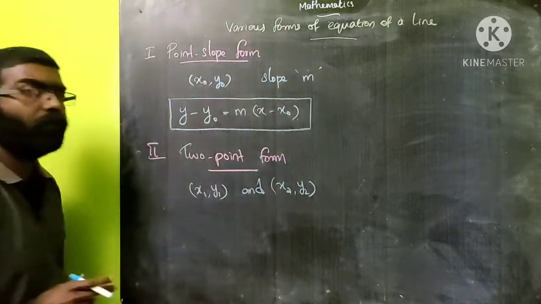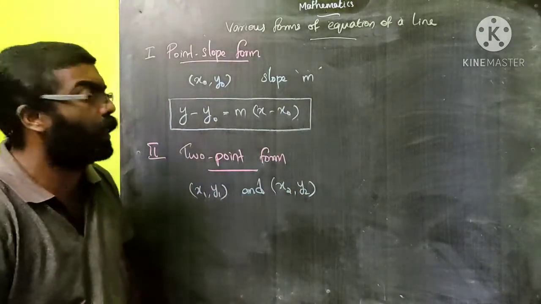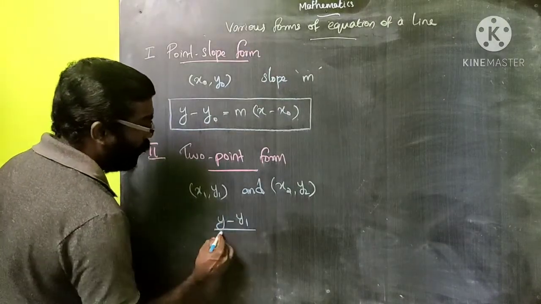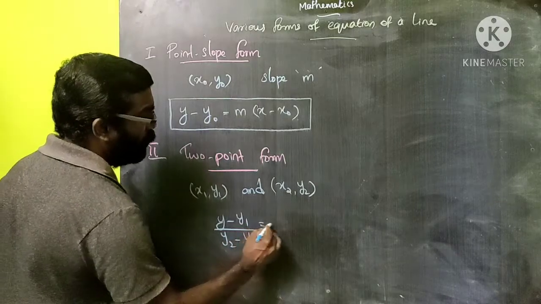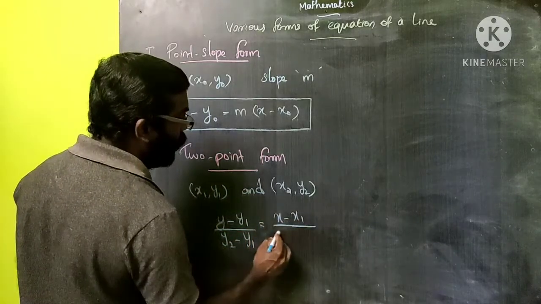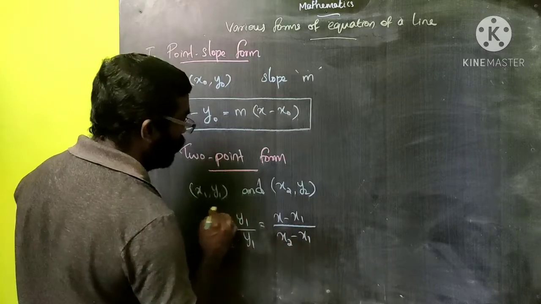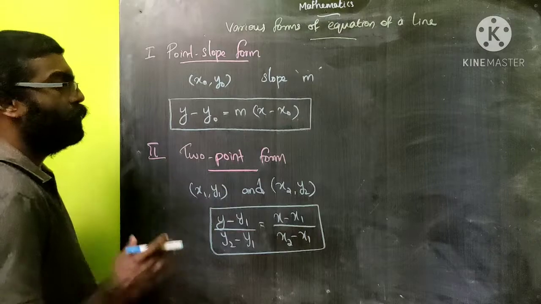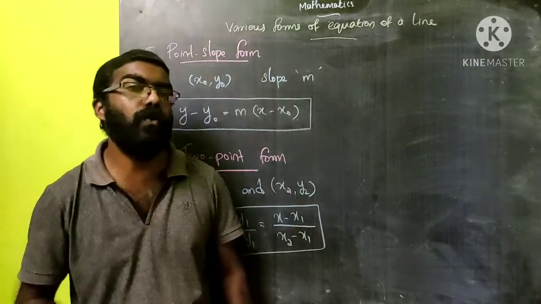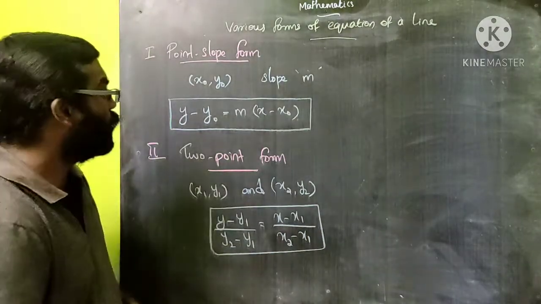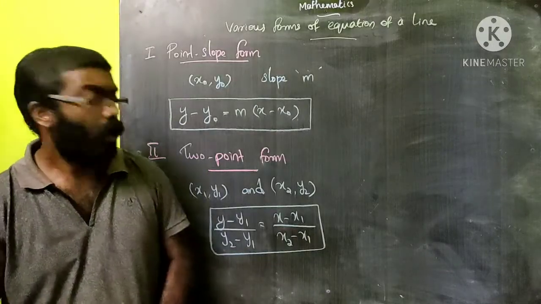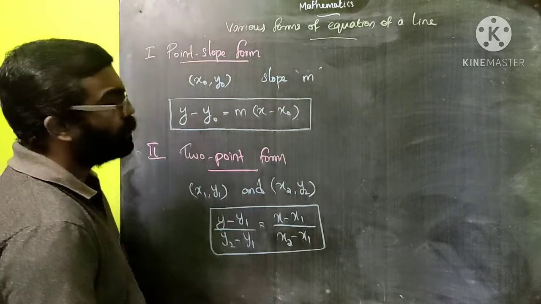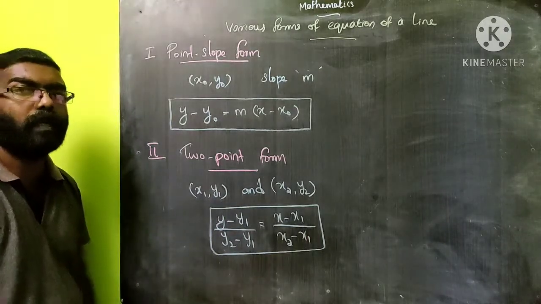So equation of a line passing through x1 y1 and x2 y2 is given by y minus y1 by y2 minus y1 is equal to x minus x1 by x2 minus x1. This is called a two-point form. Equation of a line passing through two given points x1 y1 and x2 y2 is given by y minus y1 by y2 minus y1 is equal to x minus x1 by x2 minus x1.